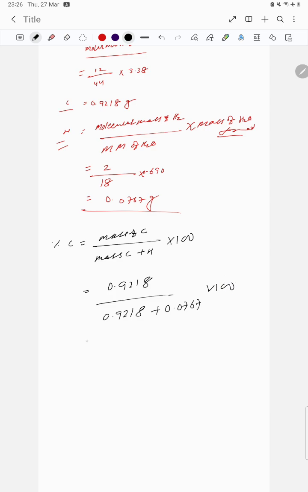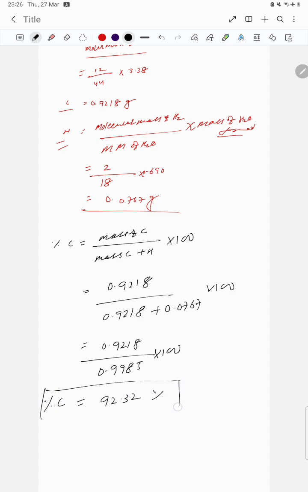So student, how much is coming? 0.9218 divided by 0.9985, multiplied by 100. So the answer is coming 92.32%. This is the percentage carbon, student, right?